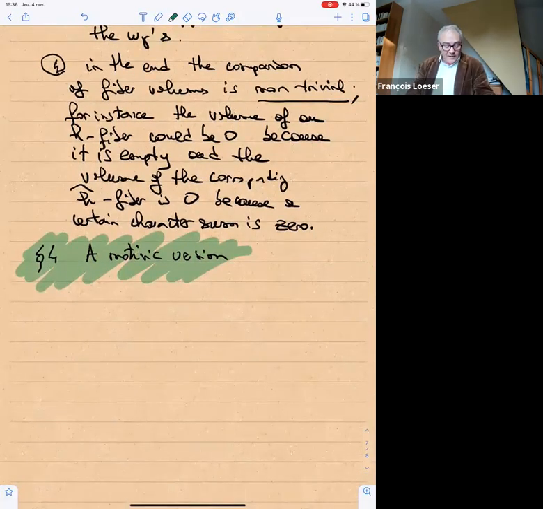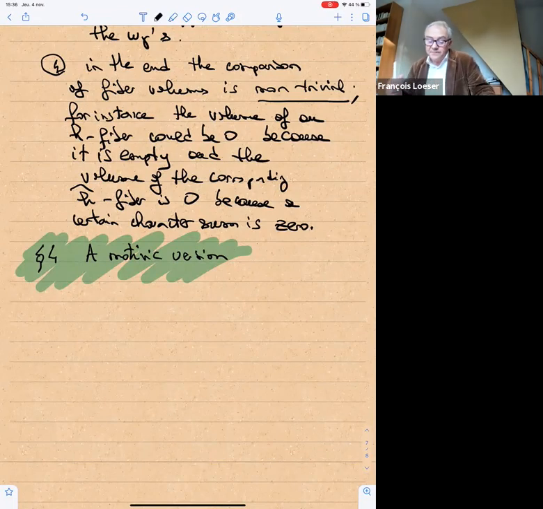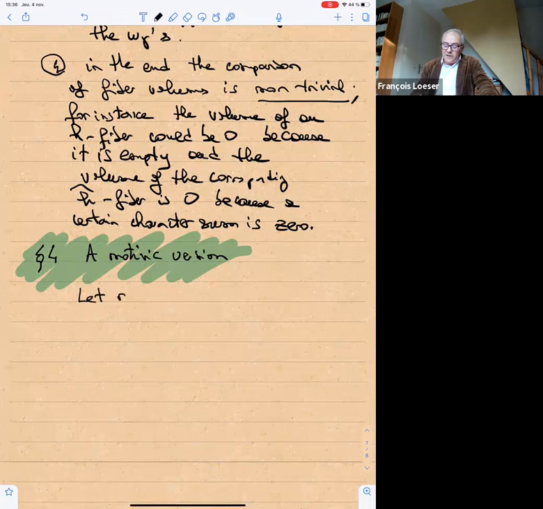Okay, so I will consider Chow motives. I will denote by R the order of my group gamma.